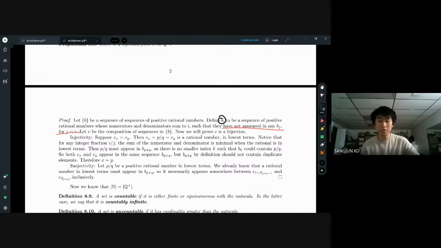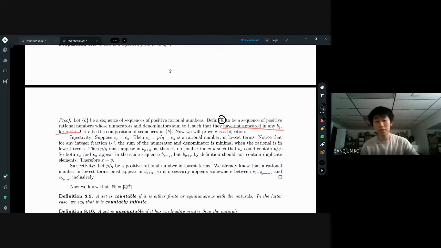But the sum of the numerator and denominator is minimal when the rational is in lowest terms, because otherwise, if it's not minimal, then you can divide both the numerator and denominator. That's basically what lowest terms means. Then p over q must appear in that sequence p plus q, and there is no smaller index k such that B_k could contain p over q.